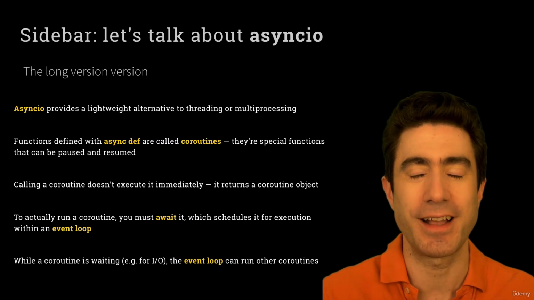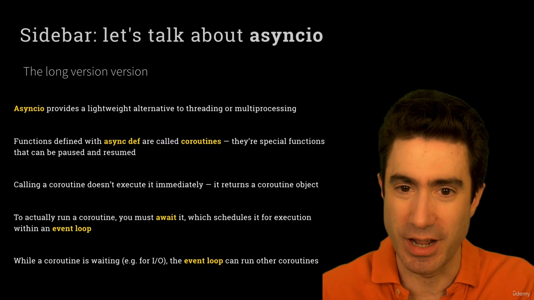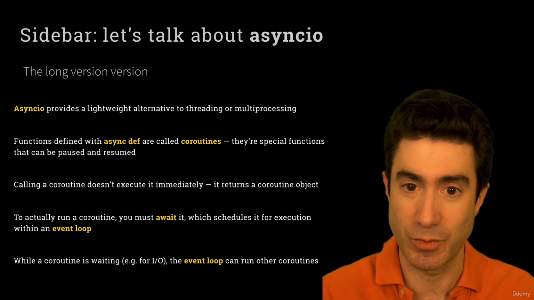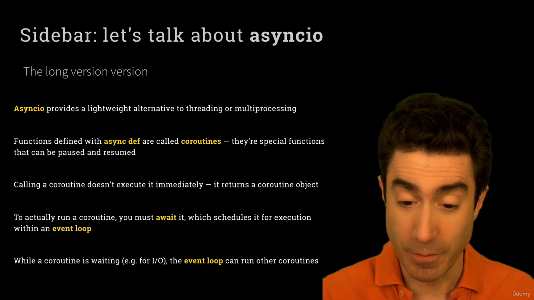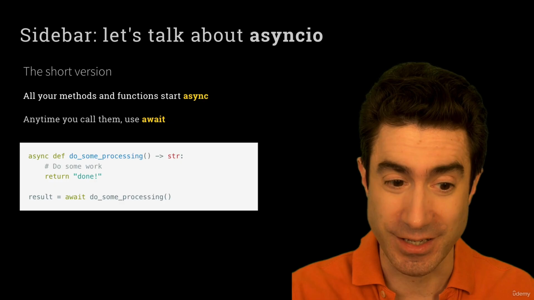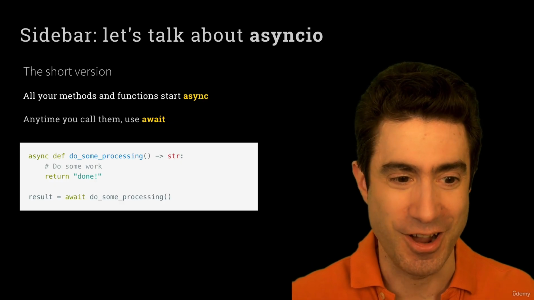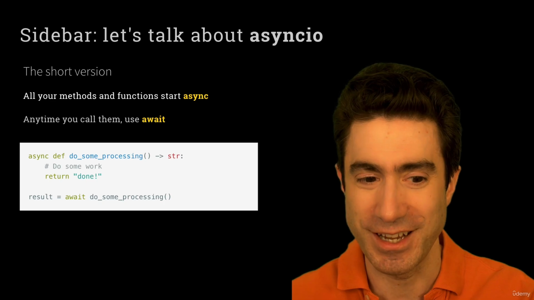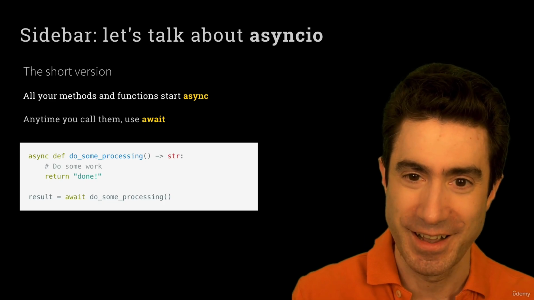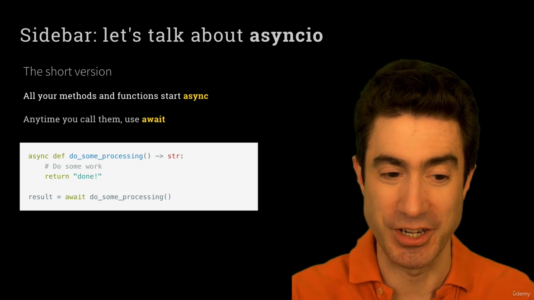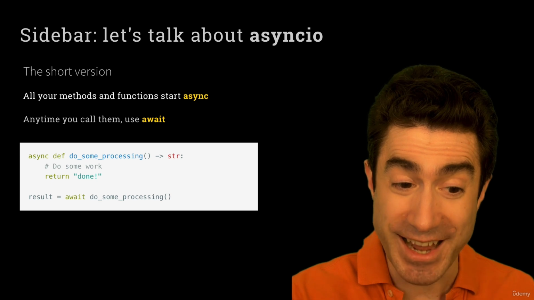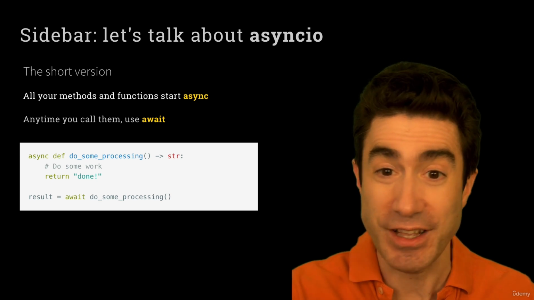So obviously I've only given you a bit of detail here, but I hope that gives you some perspective on what's going on. And when we look back now at this, you can see that whilst a simple interpretation is just to say, okay, whenever I use async, I've got to use await, the deeper interpretation is to understand that when I say async def do some processing, that's no longer a function.